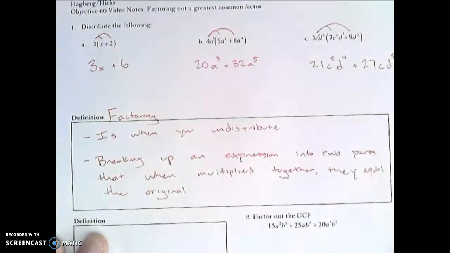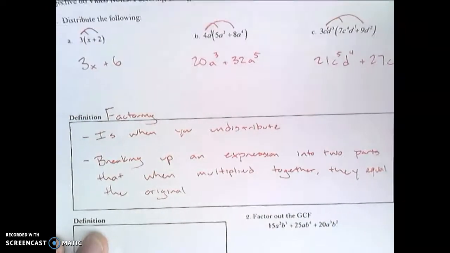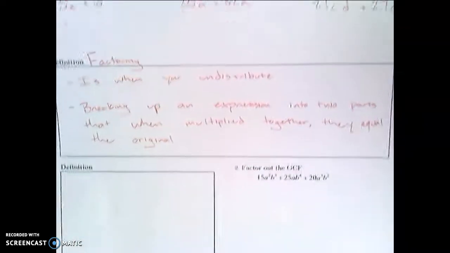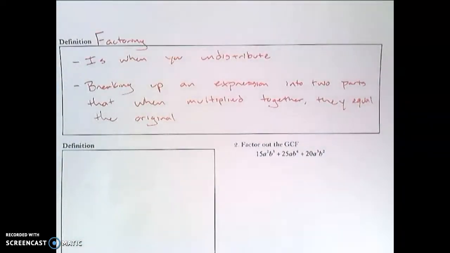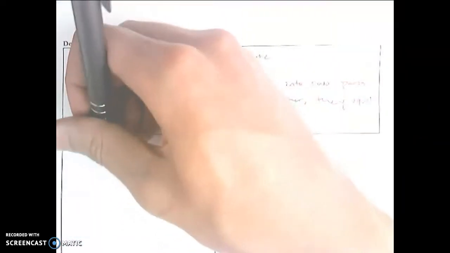So again, we're going to be learning a lot of different ways to factor. One of the ways that we're going to learn in this objective is using the greatest common factor. Let's go ahead and define that.